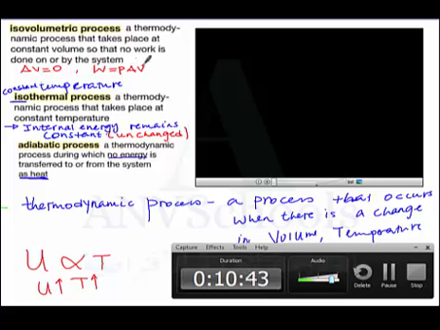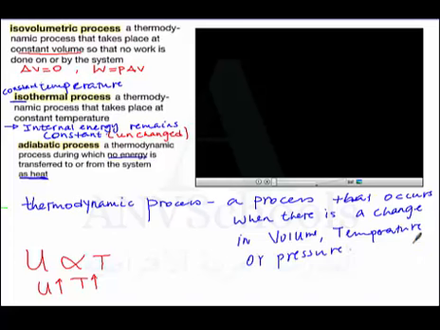But in an isovolumetric process, the volume remains constant, which means the initial volume is equal to the final volume, so the change in volume, given by the difference of the final volume and the initial volume, is equal to 0.